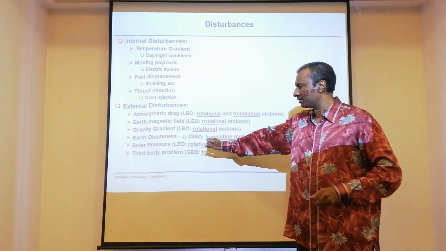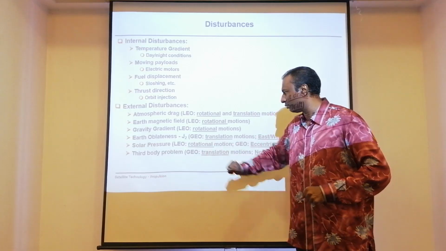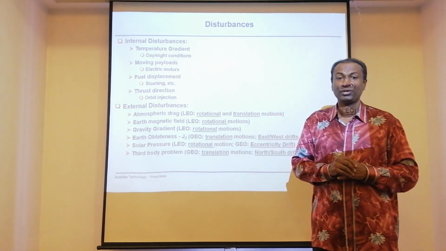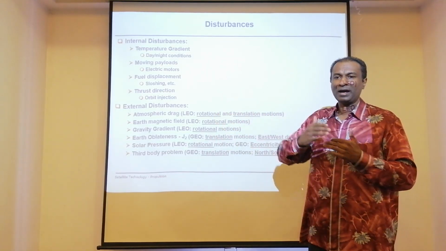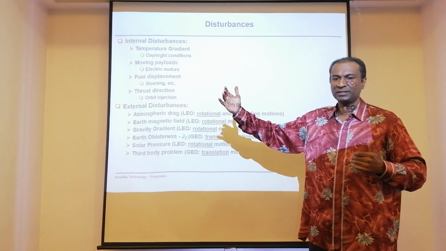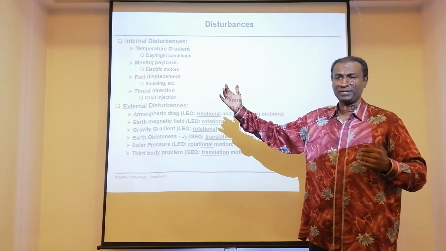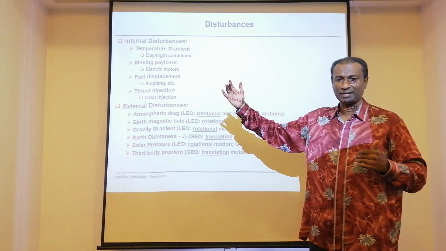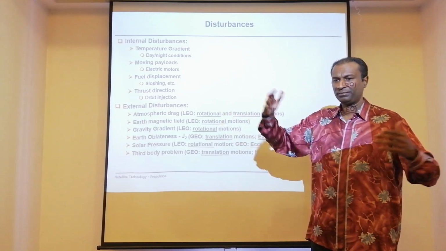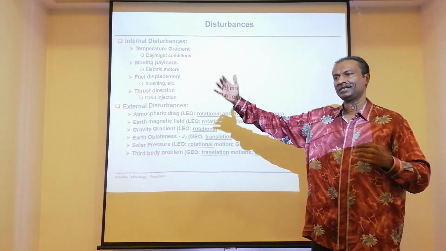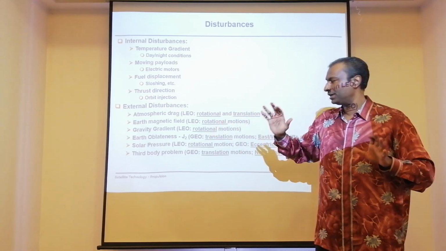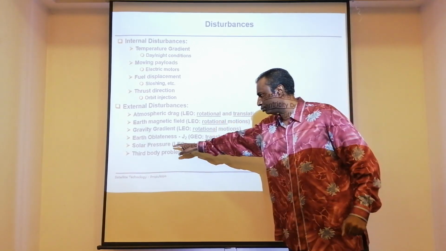J2, don't worry about it. This is quite predominant for GEO. What is GEO? Geostationary orbit, a very high orbit, at 36,000 kilometers altitude. Most of the telecommunication satellites are flying there. Don't worry about the orbits, we will learn soon.